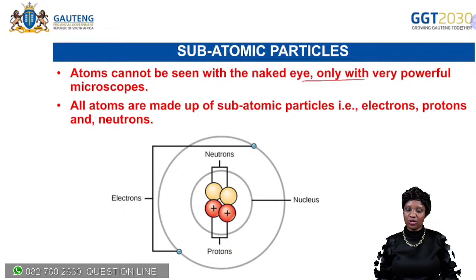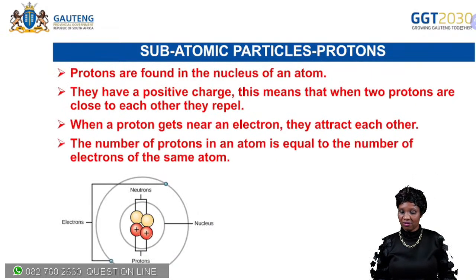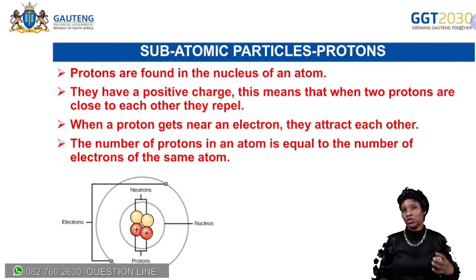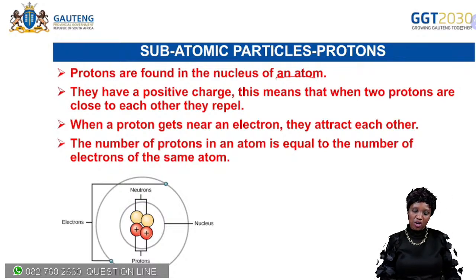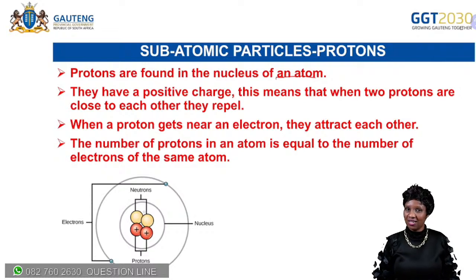And then let's look at the subatomic particles. Let's look at the protons. Protons are found in the nucleus of an atom. When we are talking about the nucleus of an atom, for example, this is the atomic structure. And this is the nucleus of an atom here. And what is in the nucleus of an atom?